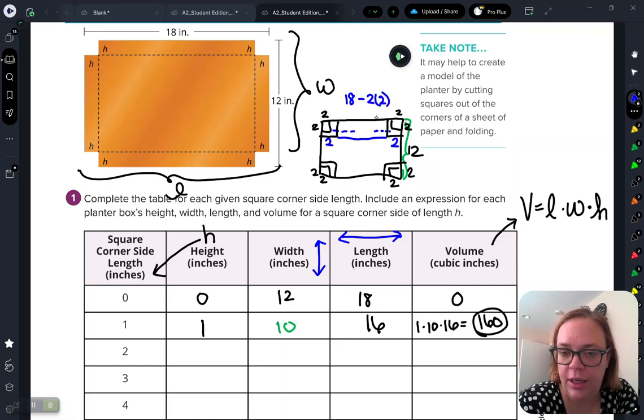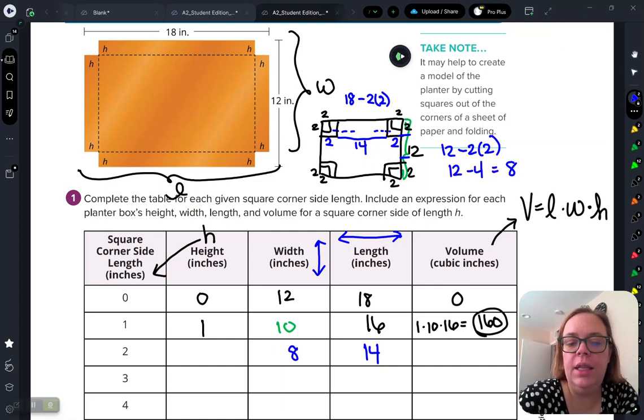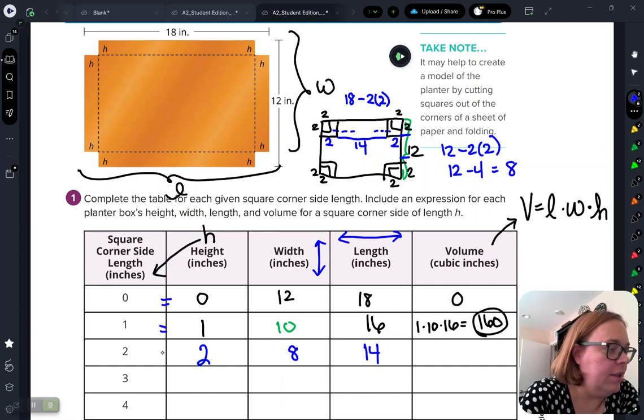So it's like 18 minus 4, so it'll be 14. And then along here, the 12, we're going to cut off the 2 and the 2, so it'll be 12 minus 2 times 2, 12 minus 4, which is 8. And then the height is just the square corner side length. These 2 columns are pretty much going to be exactly the same the whole way down.